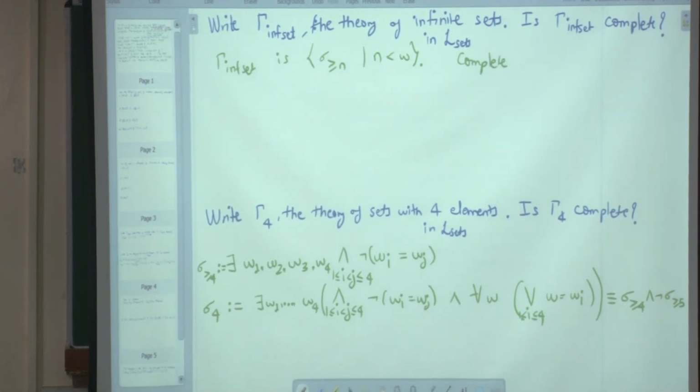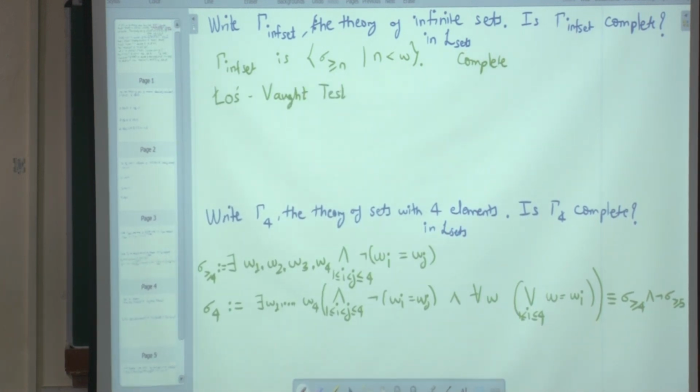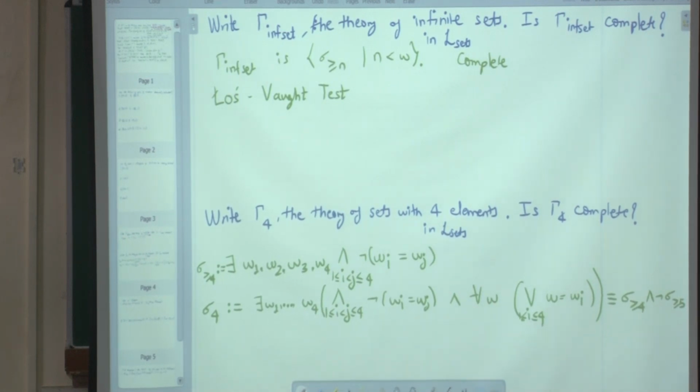Thanks to the Łoś–Vaught test. Now you are reading an L, but the pronunciation of this Polish letter is W. So this is the Łoś–Vaught test.